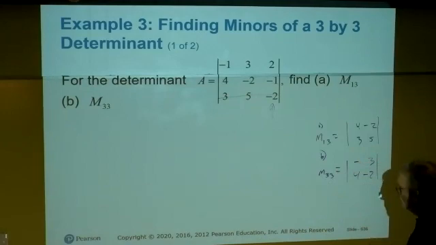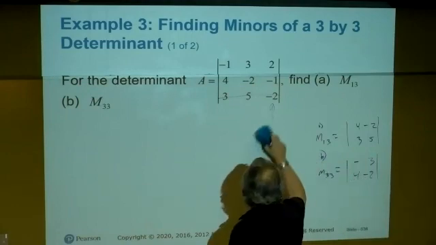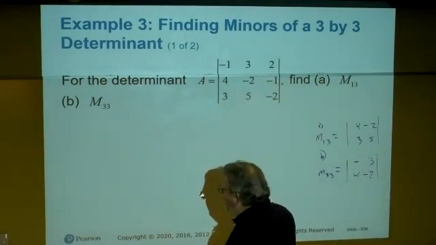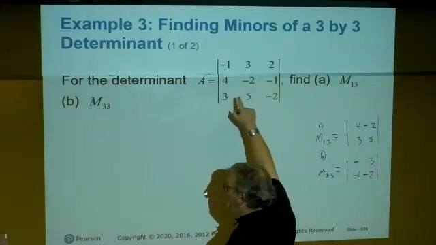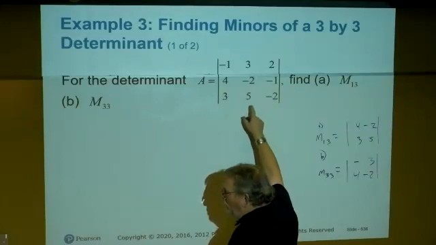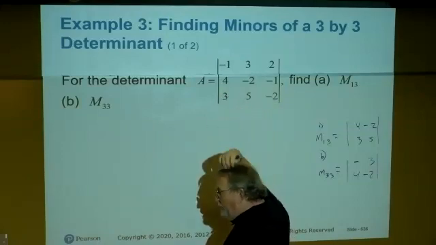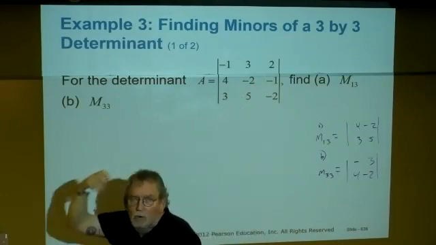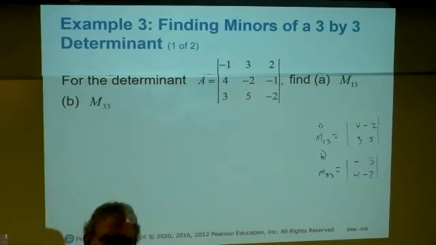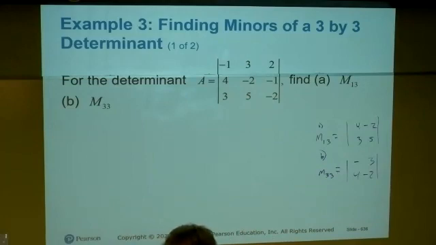Now, I don't worry about this because I'm always going to do the same thing. I'm always going to use the first row. It might be easier to use a different row or a different column because there's multiple zeros along the path.